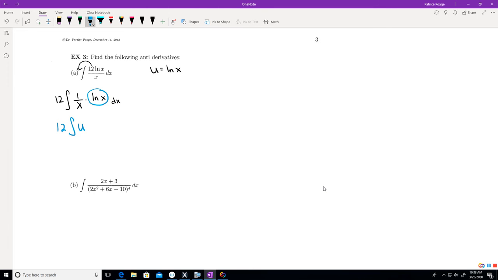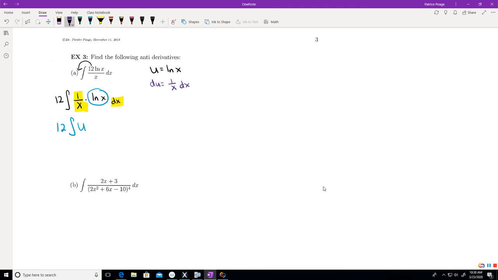I still need to replace 1 over x dx. So I'm going to take the derivative of my u, and I get 1 du equals, derivative of natural log of x is 1 over x dx.